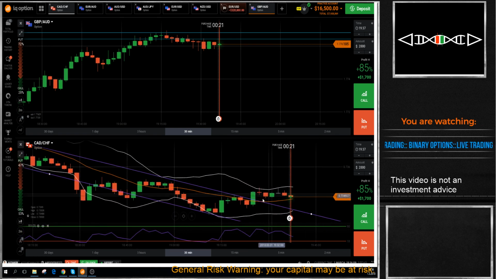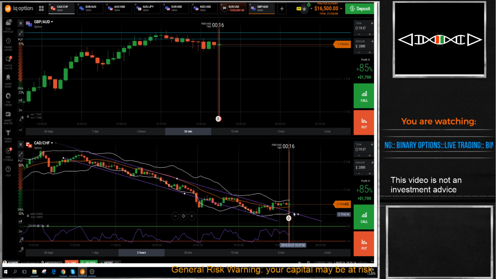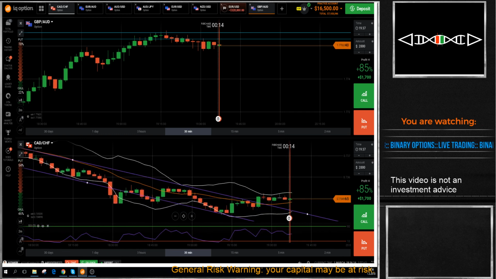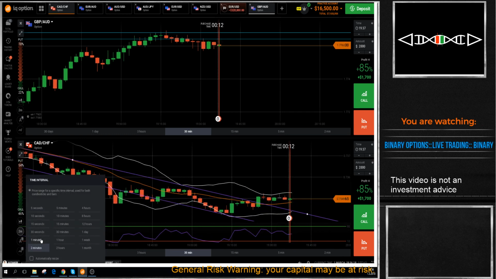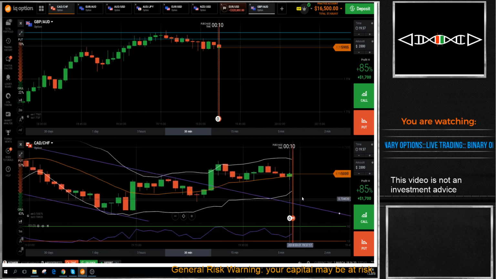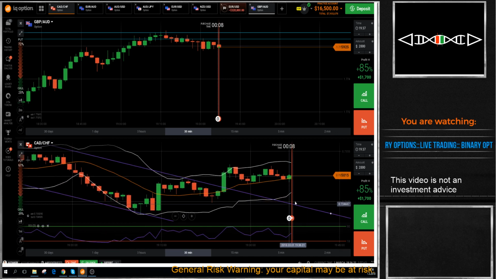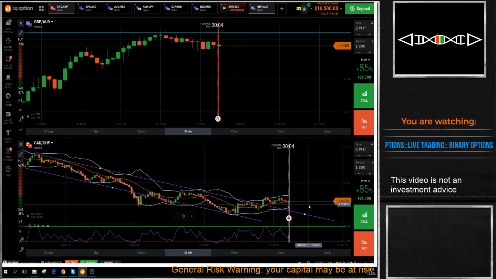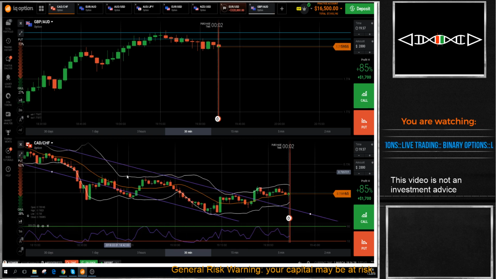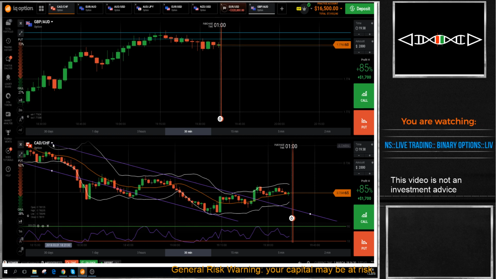So the plan is to wait for a touch with this channel wall and then go to shorter candles, 1 minute. And if we bounce for the upside and get a confirmation, I would love to enter for the upside. As the previous support, channel walls can act as support and resistance.